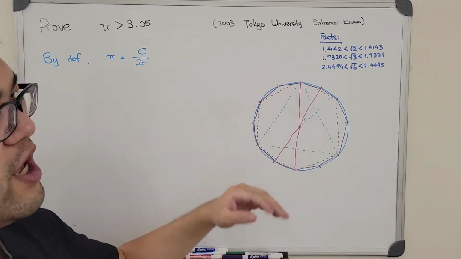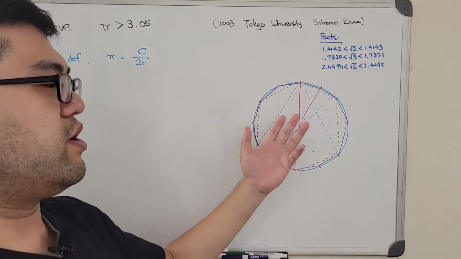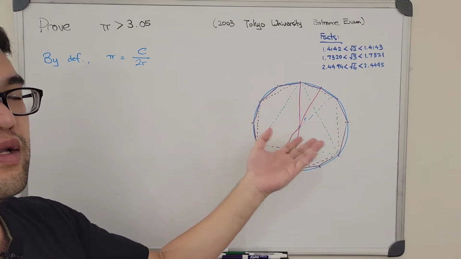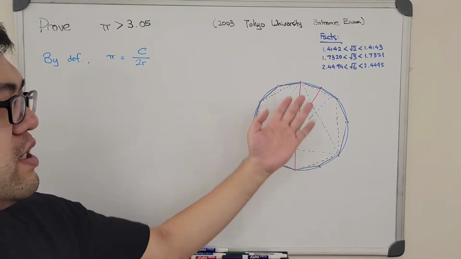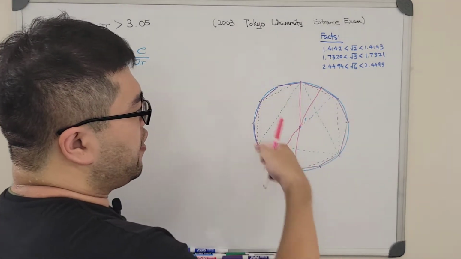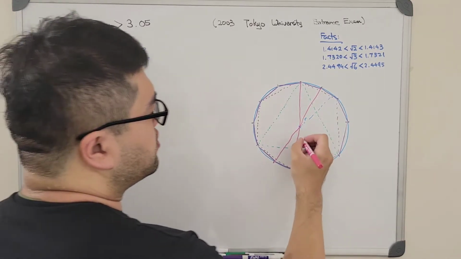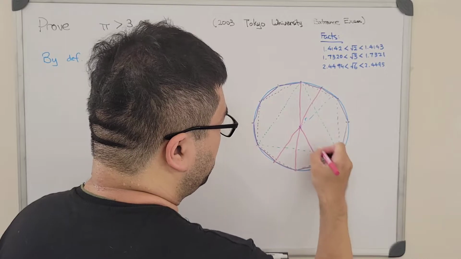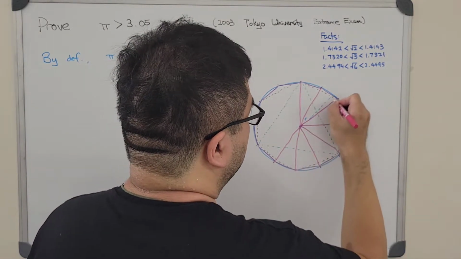So if we have an octagon, meaning a regular polygon with 8 sides, then we'll develop 8 congruent triangles. And here we have a dodecagon, meaning a 12-sided polygon. We're going to divide it up into 12 congruent triangles, like this.